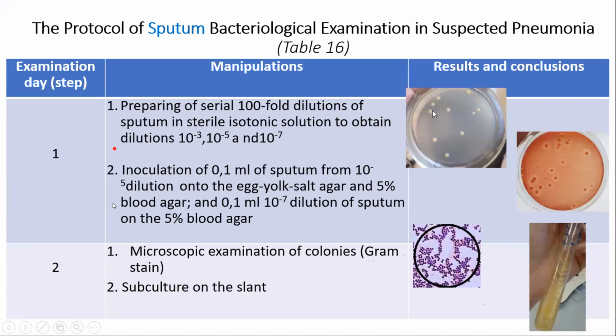It's really small, because not many bacteria. That is why not much lecithinase. But it is lecithinase activity of Staphylococcus aureus. You should mention it in the protocol. 11 colonies with lecithinase activity, creamish or goldish, as you wish. It's for egg yolk salt agar.